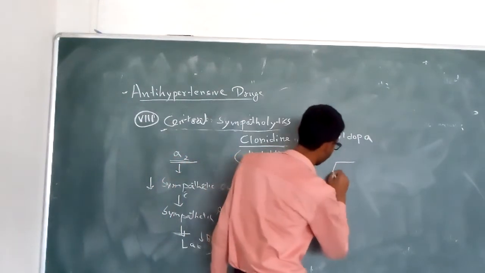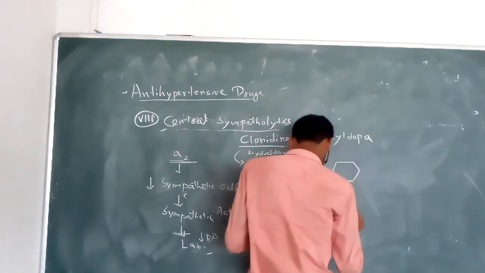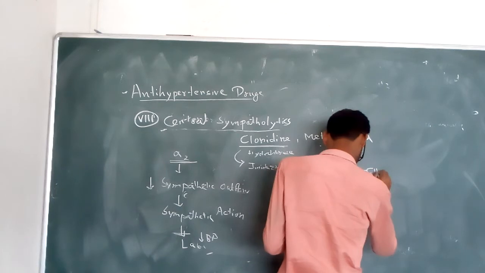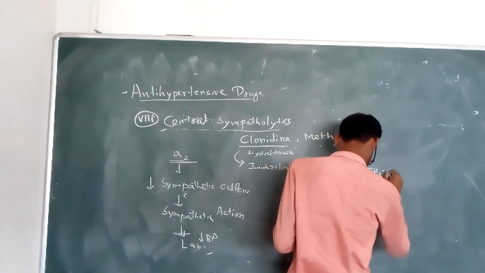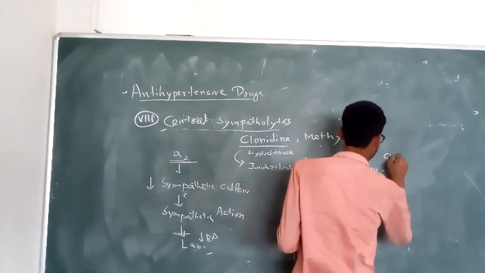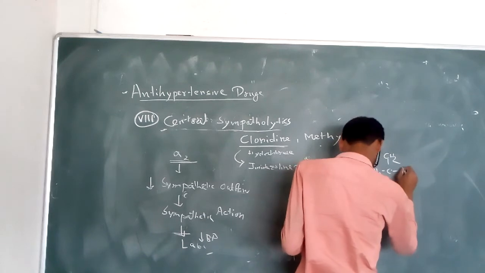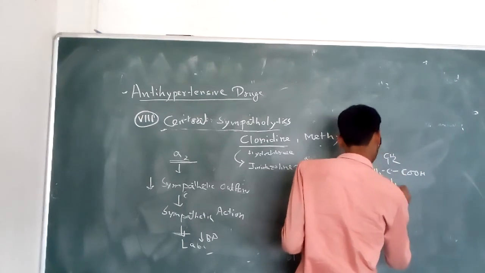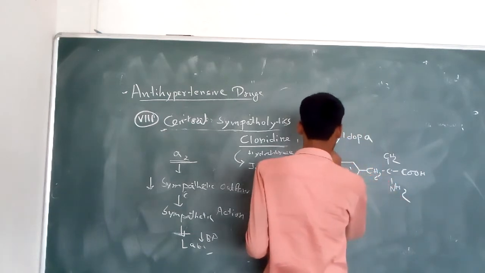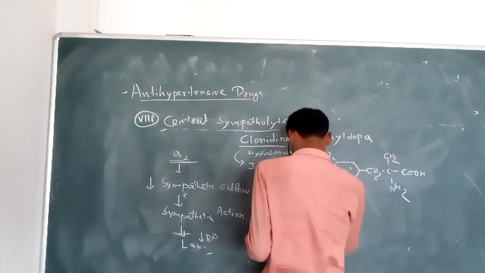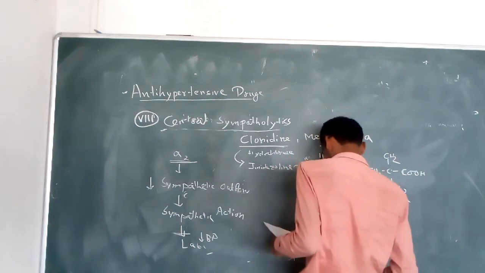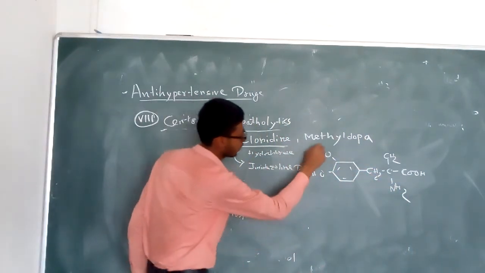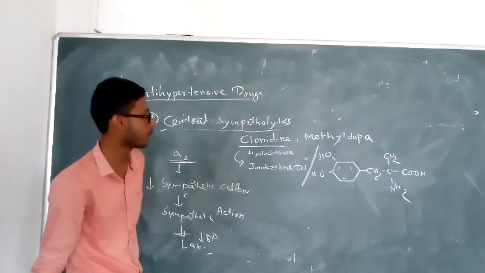Let's draw the structure. So that is the structure of alpha methyl dopa.